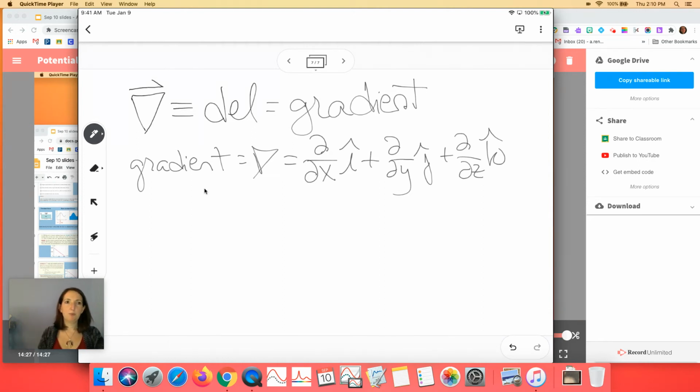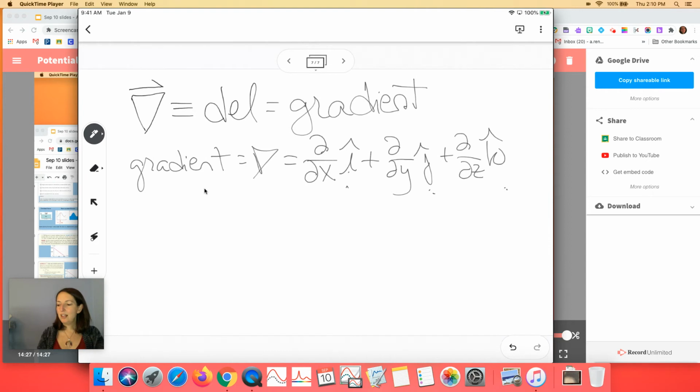Partial derivative with respect to y is you keep all the other stuff, like the x, constant, and you do the derivative with respect to y. So these are called partial derivatives, okay? These, of course, are the unit vectors in the x, y, and z directions.